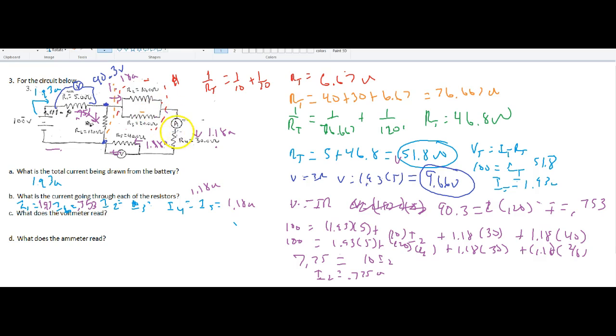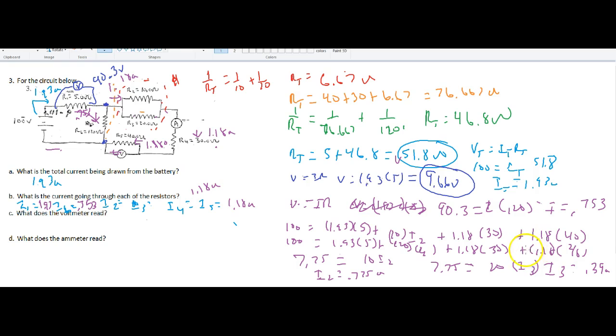Going this way, I lose 1.18 times 30, then another 1.18 times 40, and then I'm home to the battery. I have to use all 100 volts before I get there. So 7.75 equals 20 times I3. A little bit of math, 7.75 divided by 20, and I get I3 equal to 0.39 amps.